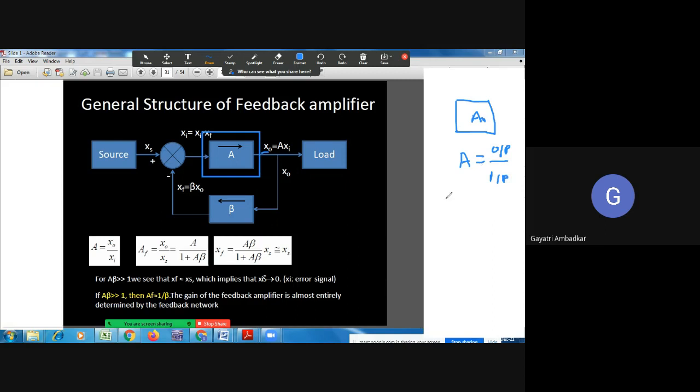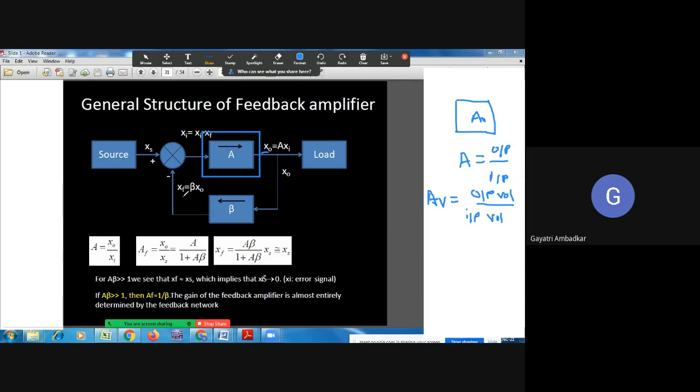So if I call this a voltage gain, I will say it is the ratio of output voltage of an amplifier to the input voltage of an amplifier. Output voltage upon input voltage. If I say current gain, then it is the ratio of output current to input current. So gain is the ratio of output parameter to the same input parameter.